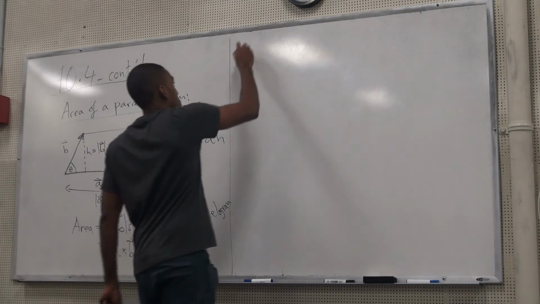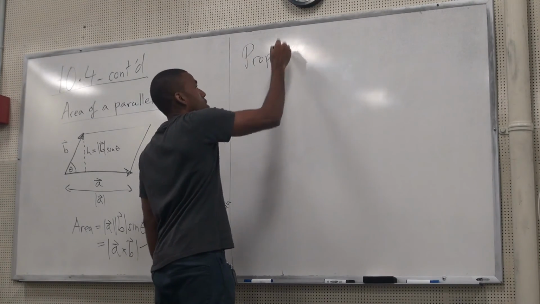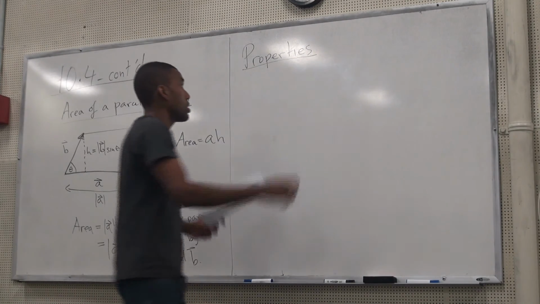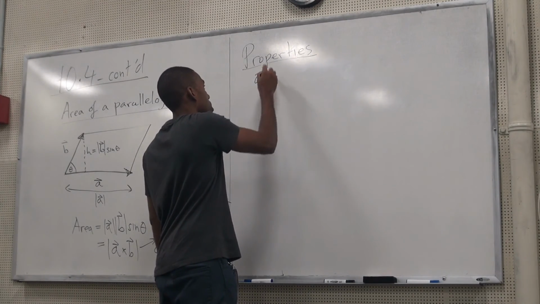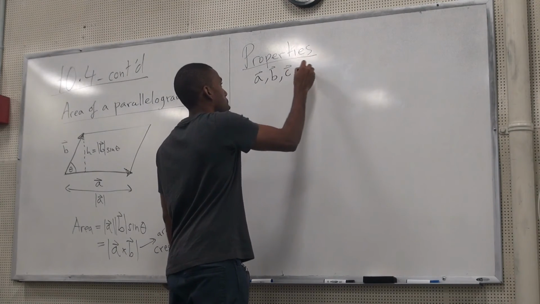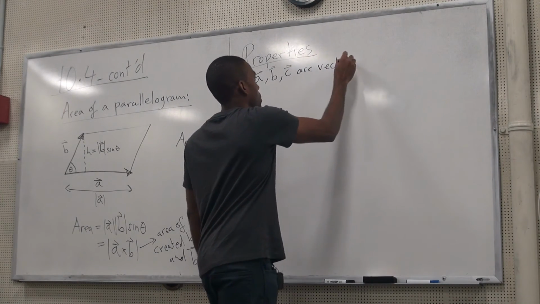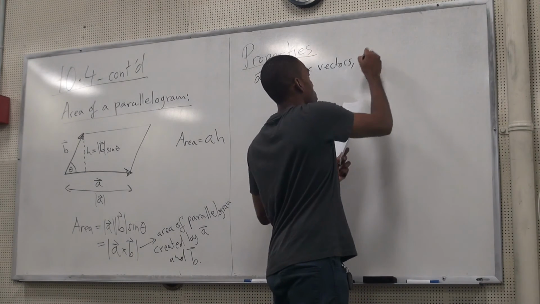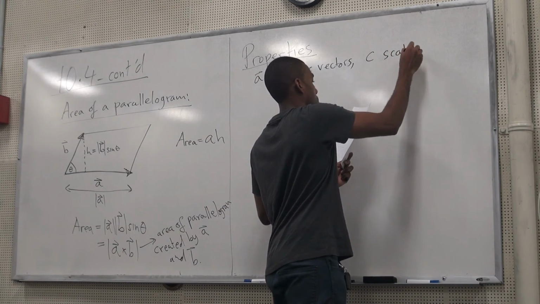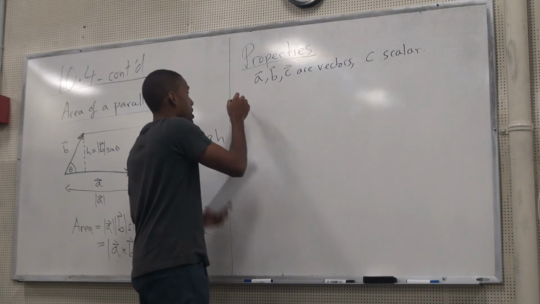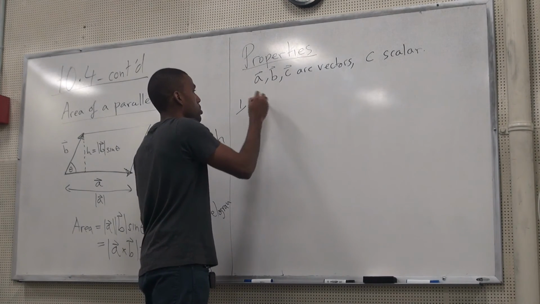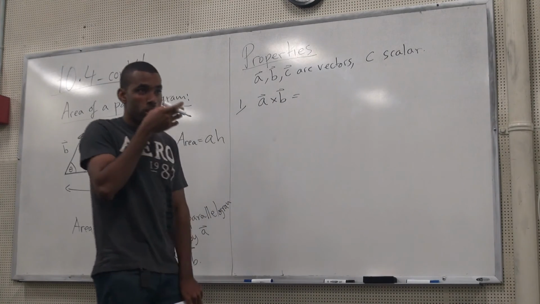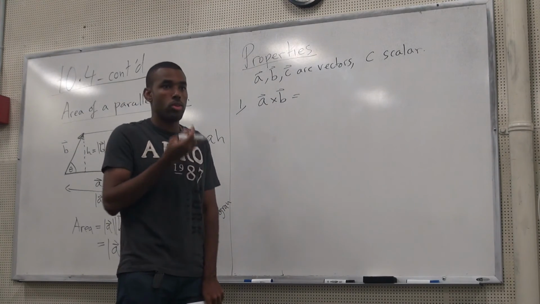Other properties of the cross product: we have to know how to do arithmetic with them because that will be important many times. So if A, B, C are vectors, and c is a scalar. Here's one property. Let's say I do A cross B. Is the product commutative? Can I switch B and A with no consequence?